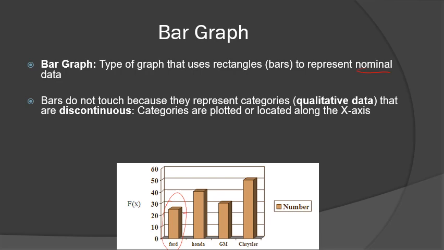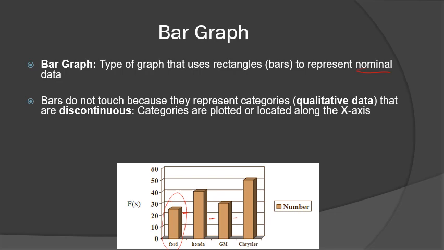You've got a gap between your bars. Because it's nominal data, it's representing categories. These categories are discontinuous. There are no continuous values between them. So in this case, we've got bars that are separated. Their bars are not touching.